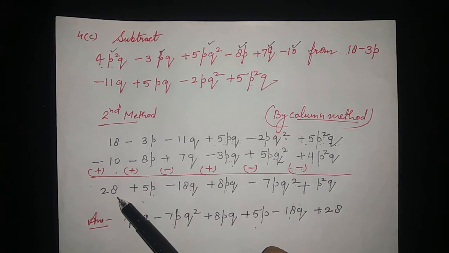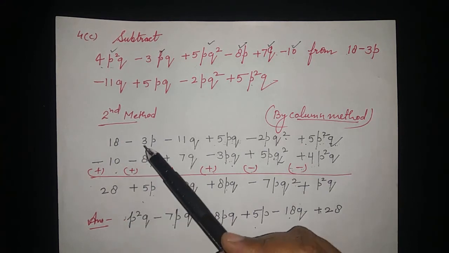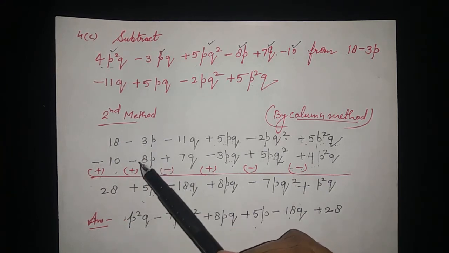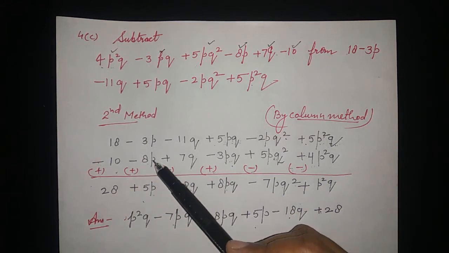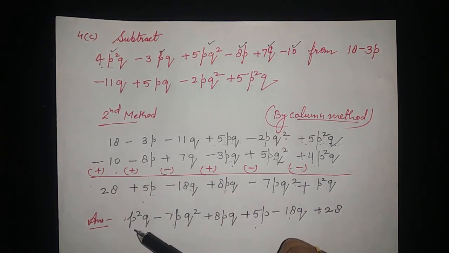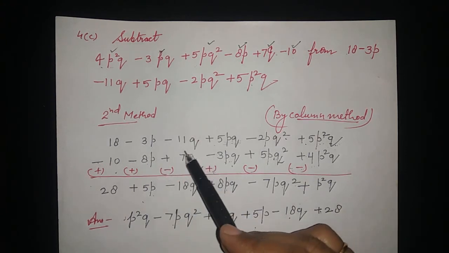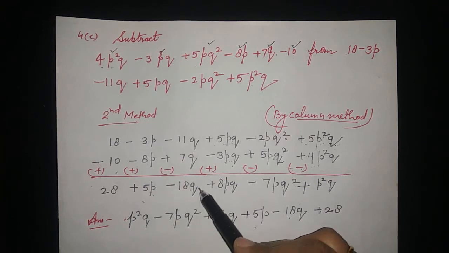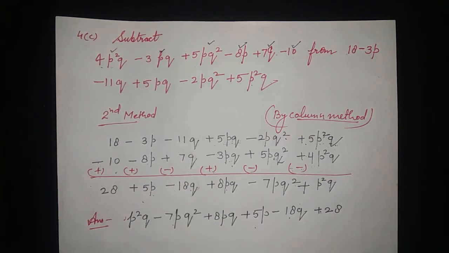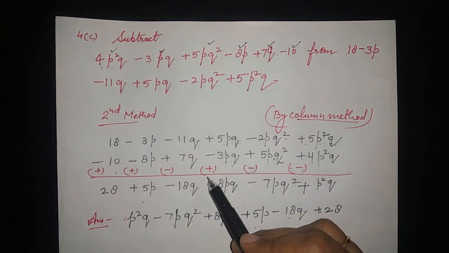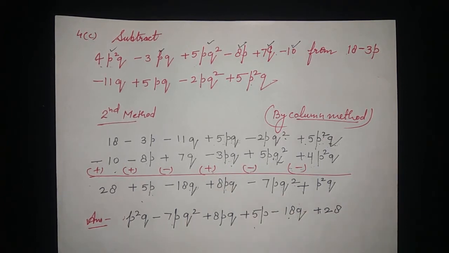Plus 28 will come. And here minus 3p and plus 8p. What will come? Plus 5p. And minus 11q and minus 7q if you solve. So what will come? Minus 18q. And plus 5pq and plus 3pq if you add. So what comes? 8pq.